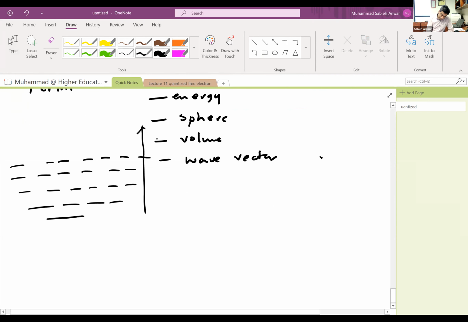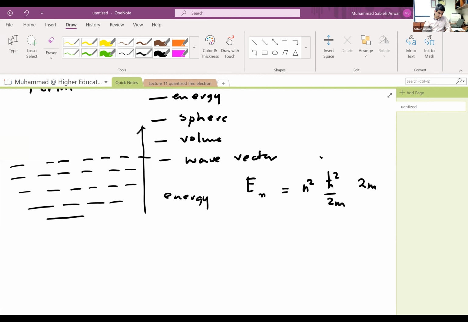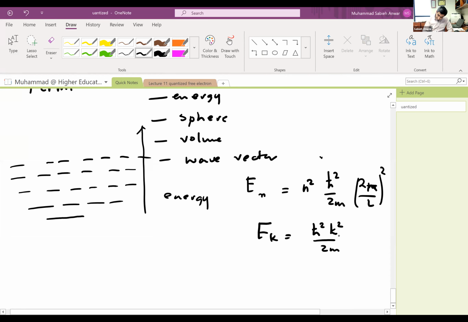My energy is going up here, and I have these levels of K. The energy is quantized in units of n squared, h bar squared over 2m, times 2 pi over L whole squared. And in terms of K, I have h bar squared K squared over 2m. And this K is quantized.